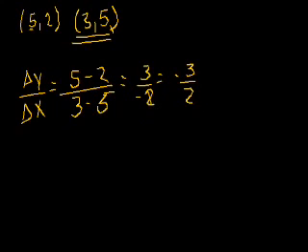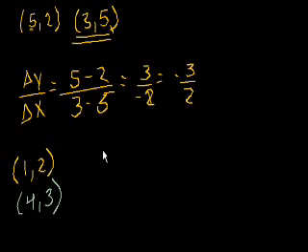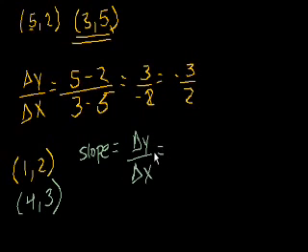Let's do another one. And this time I'm going to try to make it color-coded so it'll be more self-explanatory. Say it's 1, 2, that's the first point. And then the second point is 4, 3. So once again, we say slope is equal to change in y over change in x. We take the first y. Let's start here, and we'll call that y1.